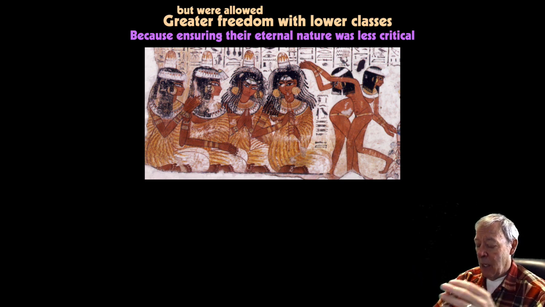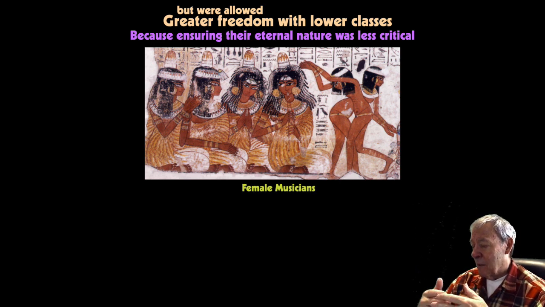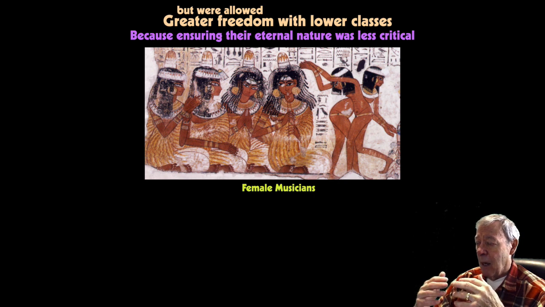And so what we see here are female musicians at a feast, typically, and in this fresco, the attendees at the feast are portrayed above them, outside the picture plane here. But the thing that I want you to pay attention to with this painting is 2 very interesting features.